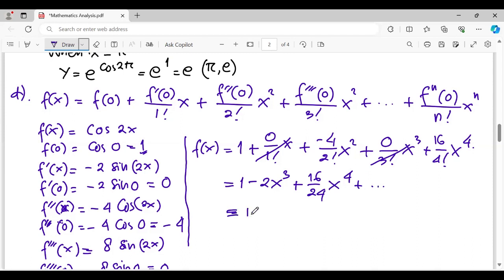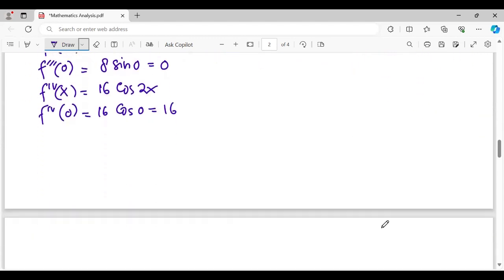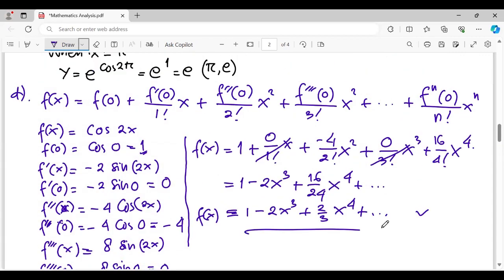It becomes 1 minus 2x squared plus 2/3 x to the power 4. This is the Maclaurin series. Part one.